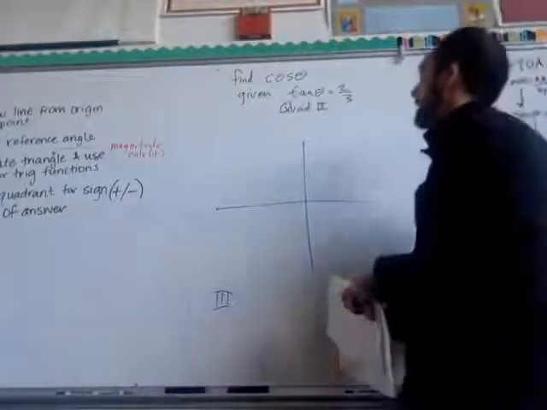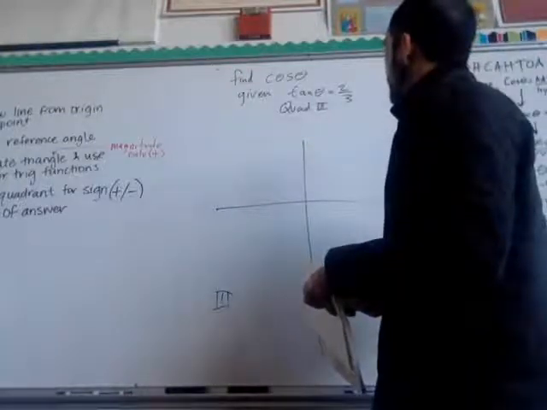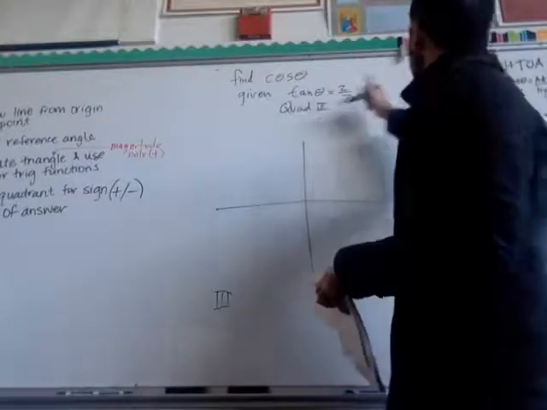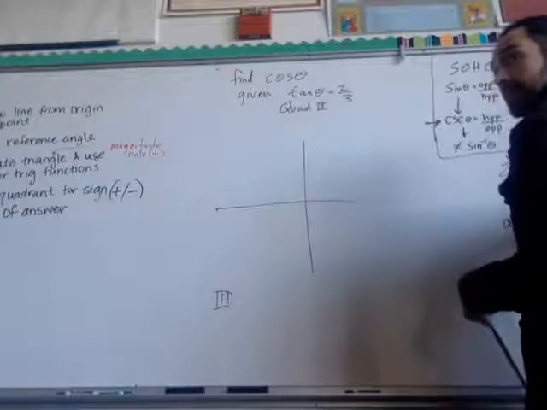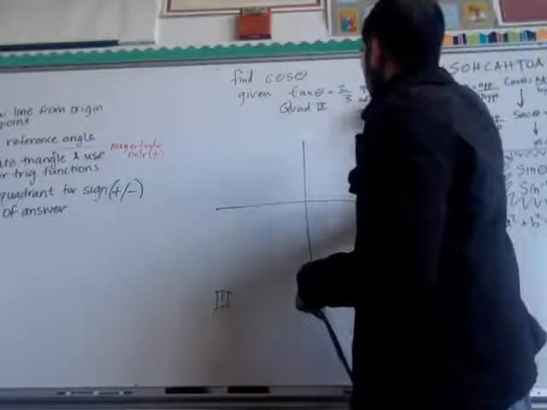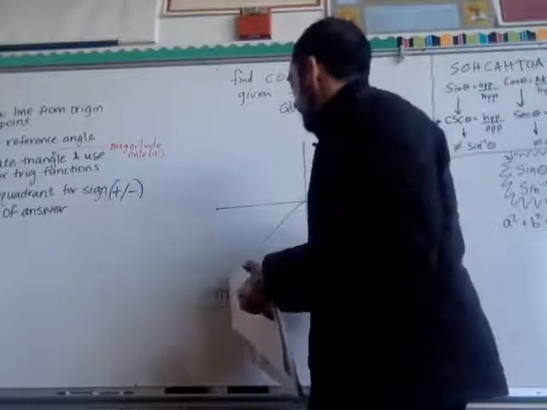Remember, we know what this ratio represents. The tangent of theta is the opposite over the adjacent. So I'm going to assume it's down here somewhere.